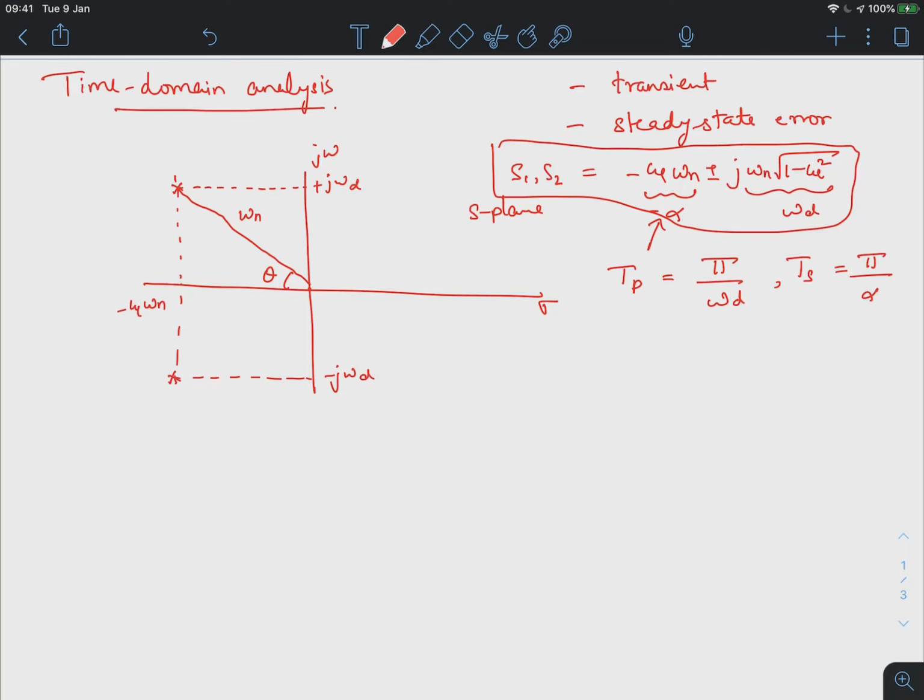Okay, so these were the formulas we had seen for the settling time and the peak time.